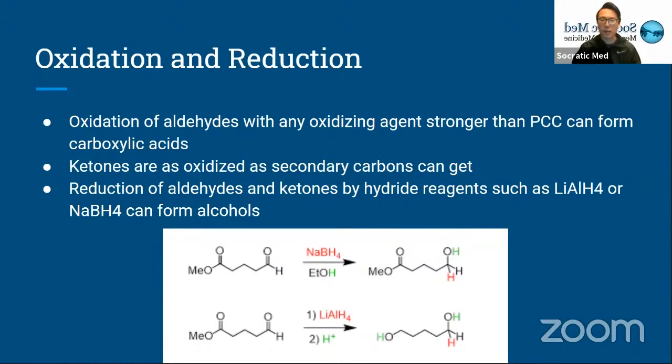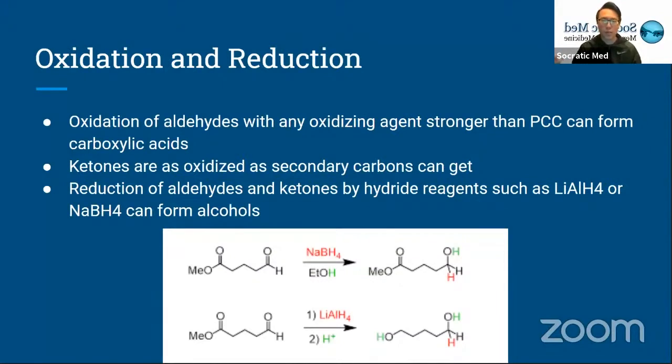Anything like potassium dichromate, sodium dichromate, or the Jones reagent will form a carboxylic acid when reacted with an aldehyde. But ketones are as oxidized as secondary carbons can get, so no matter how strong the oxidizing agent is, you can't oxidize the ketone further.